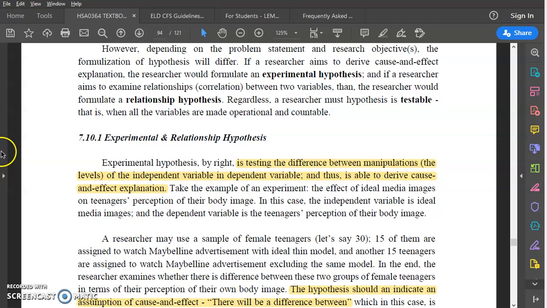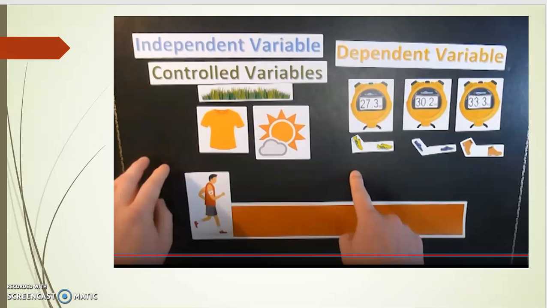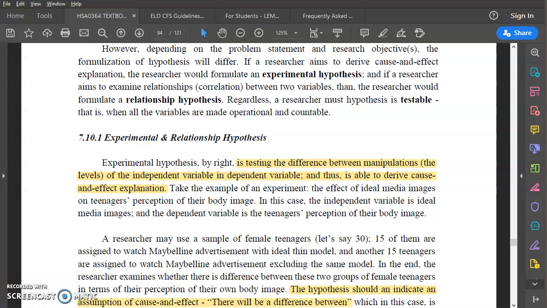So if you remember, in this experiment, the types of shoes manipulates the speed of running. So for this type of research, you would use an experimental hypothesis.